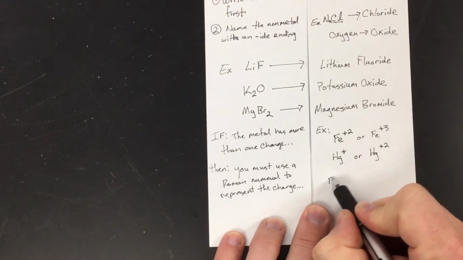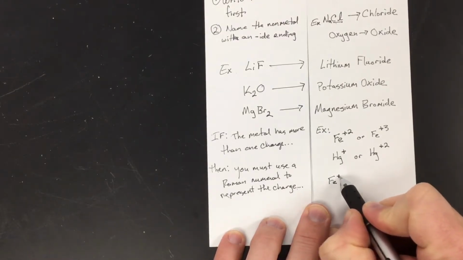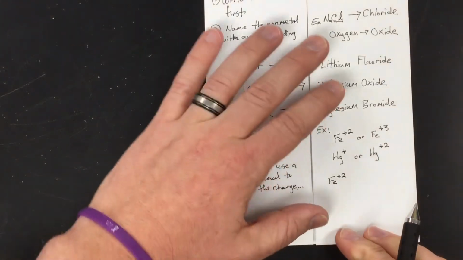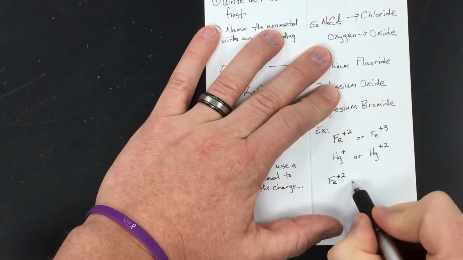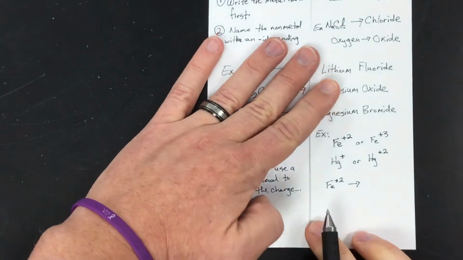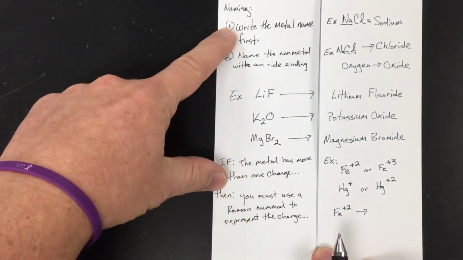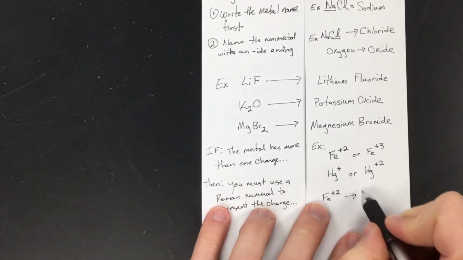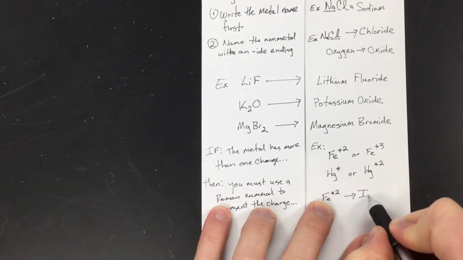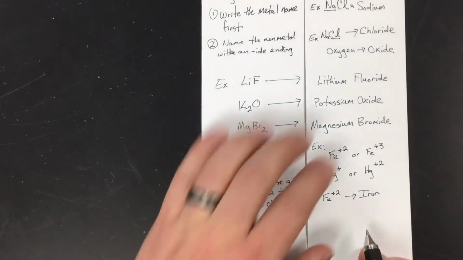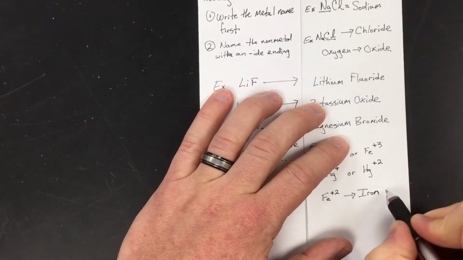So if we ever use iron and it's iron +2, iron that's gotten rid of 2 valence electrons, then when we name it, we apply rule number 1, which is write the name of the metal first. Okay, in this case it's iron. But then we have to put a Roman numeral in there to represent which iron it is.